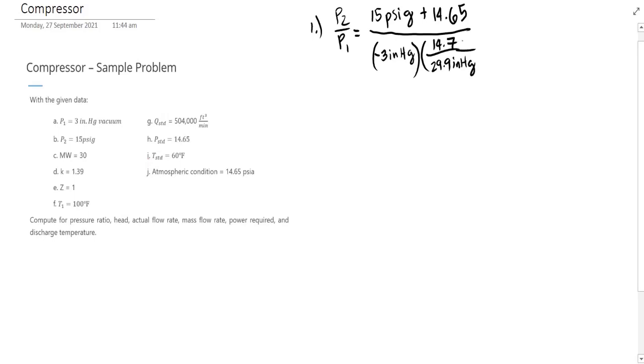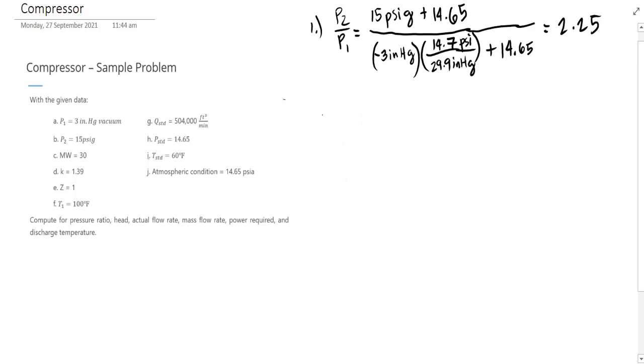Vacuum pa lang to, so we need to add the atmospheric pressure. 65. So finally we have 2.25. So ito yung pressure ratio.